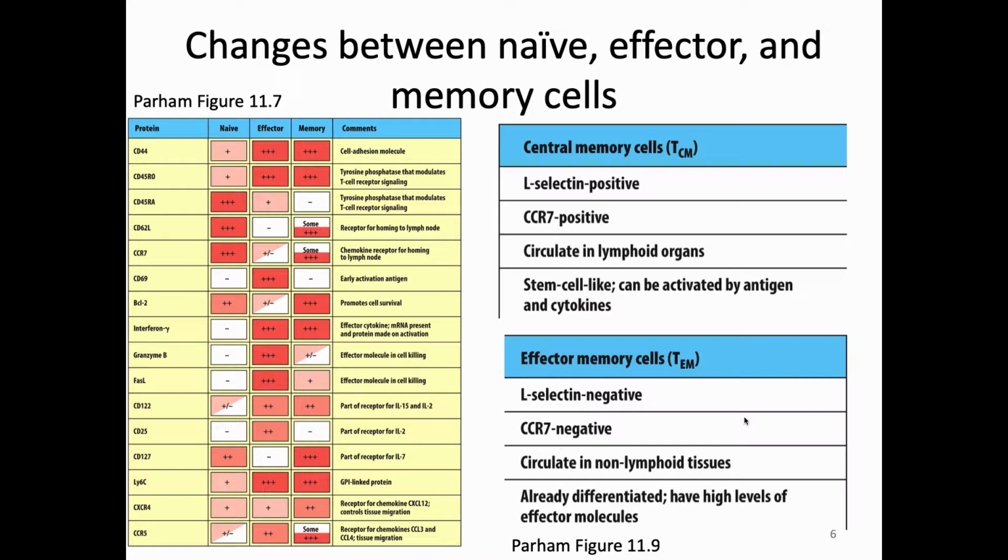Effector memory cells are closer to being effector cells. And so we have one group of memory cells, the central memory cells, that have L-selectin and CCR7, and that go back to your secondary lymphoid organs to, again, look for the pathogen's re-emergence, while the effector memory cells stay and patrol the tissues. And so we can see even further subdivision between the idea of naive, effector, and memory cells as shown here.